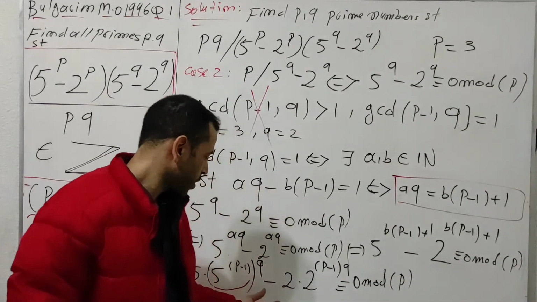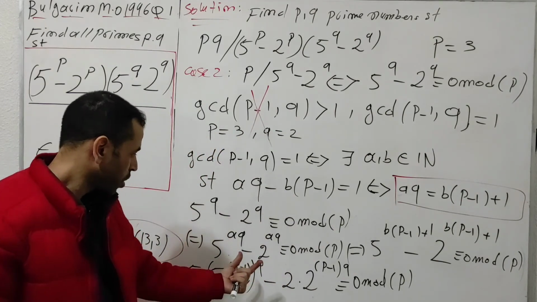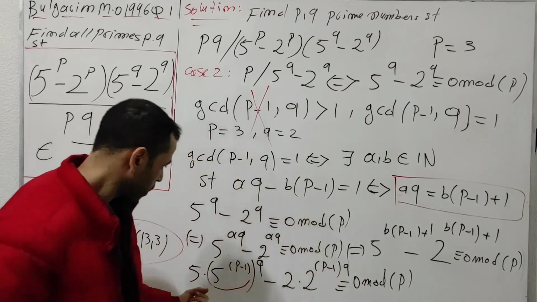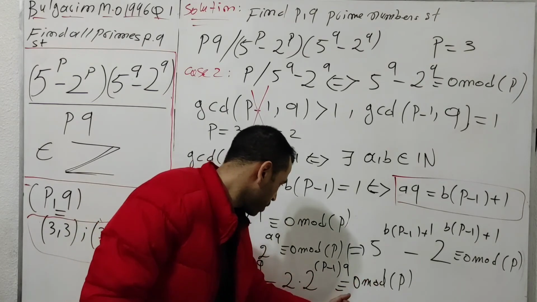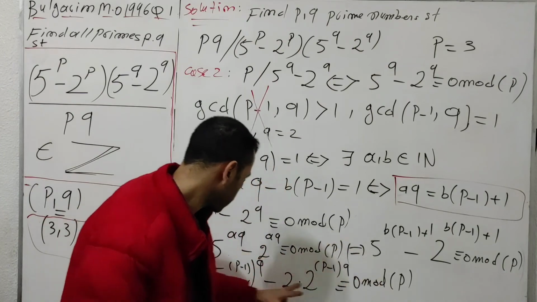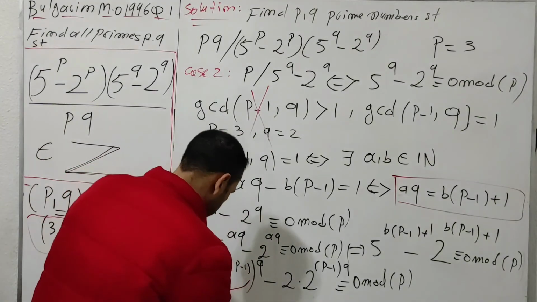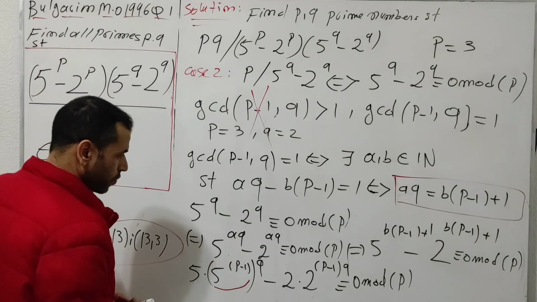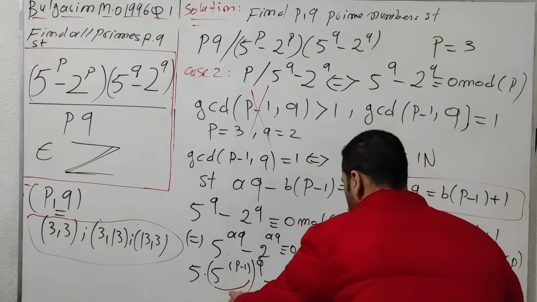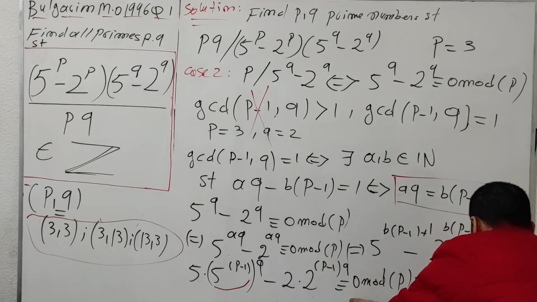If you apply Fermat's theorem, 5 to the p minus 1 is congruent to 1 mod p. The same thing here, this one is congruent to 1 mod p. Since p does not divide 5, and p does not divide 2, we are allowed to apply Fermat's theorem here. I'm taking off all of these things, so this one equals 1 mod p. By applying Fermat's theorem, this is equivalent to 5 minus 2 congruent to 0 mod p.